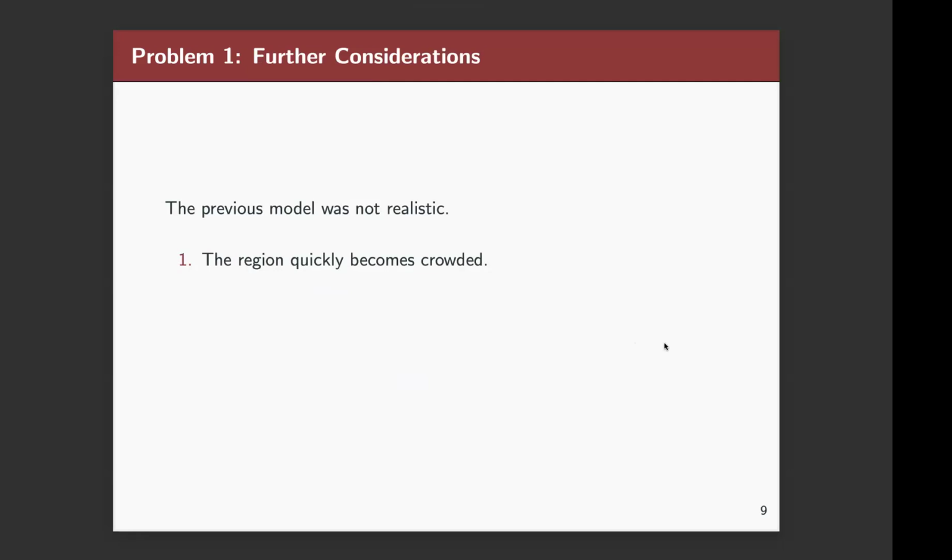Now, with a crowded population, there are many problems that might occur. And so can you guys think of some problems and maybe list them in the chat? Like, so what would happen to mu if the population becomes crowded, and why wouldn't it remain constant?